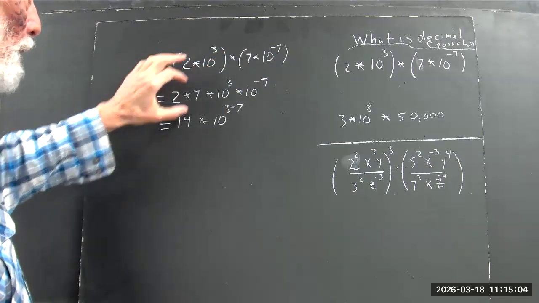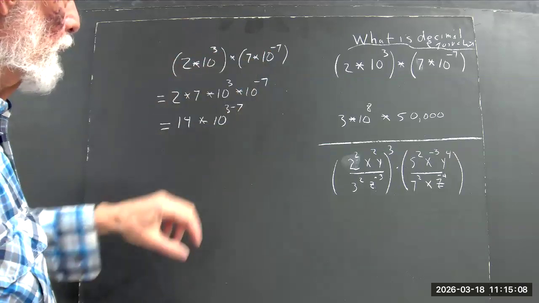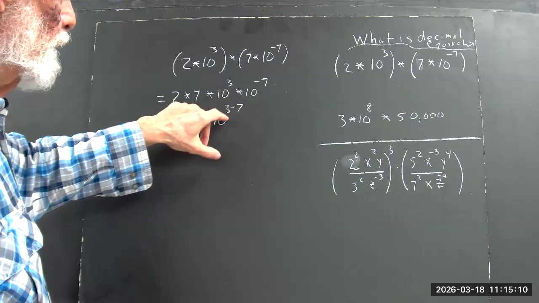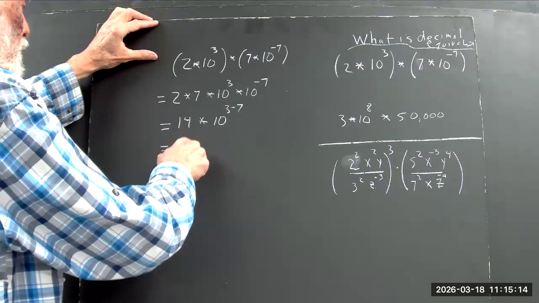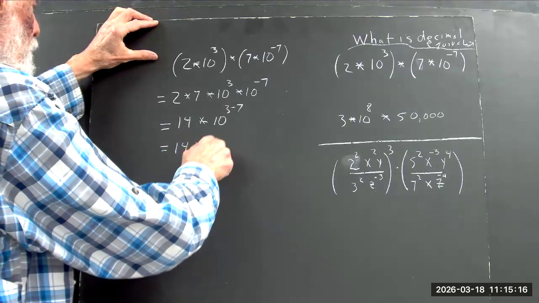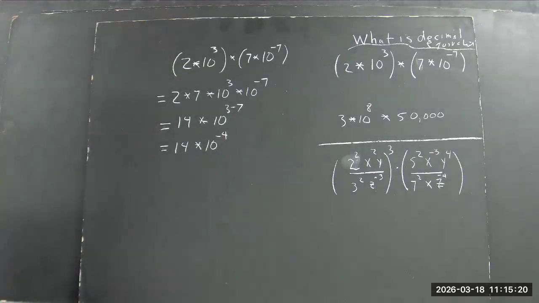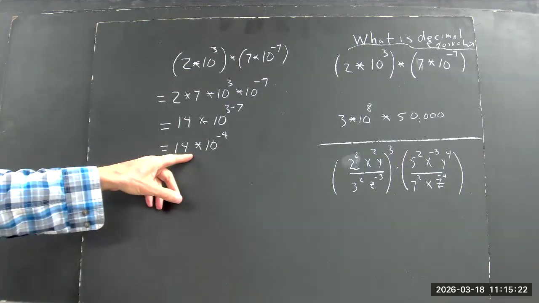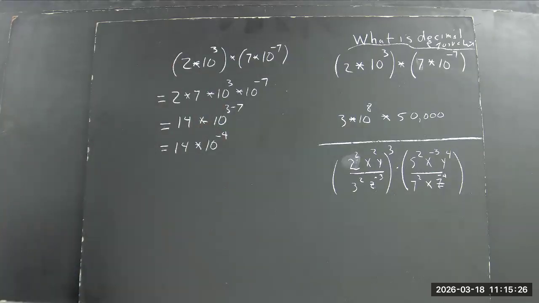We multiply the 2 by the 7 to get 14. We multiply 10 to the third times 10 to the negative 7th to get 10 to the 3 minus 7. Turns out that's 14 times 10 to the minus 4th. Now, we could move the decimal in the 14 over 4 places and get 0.0014.